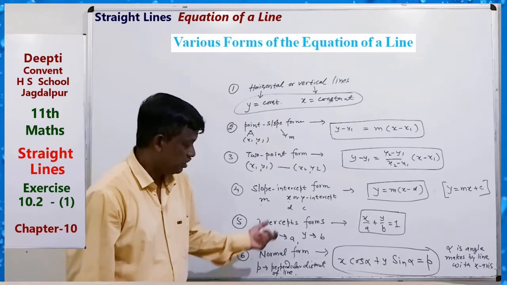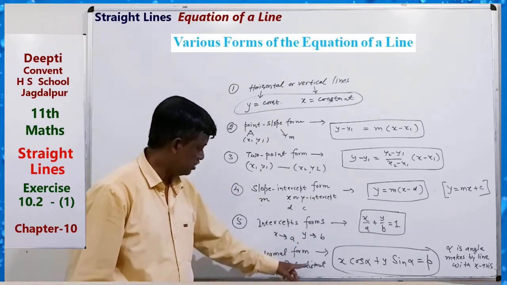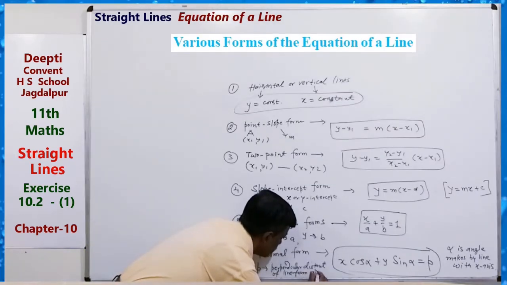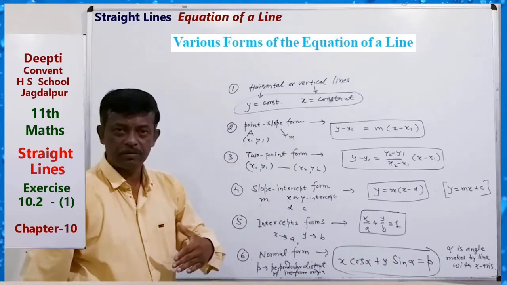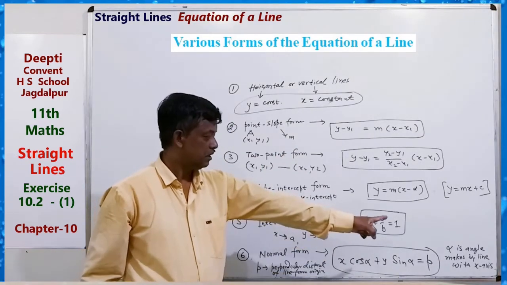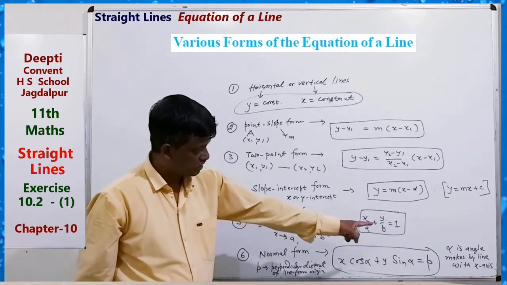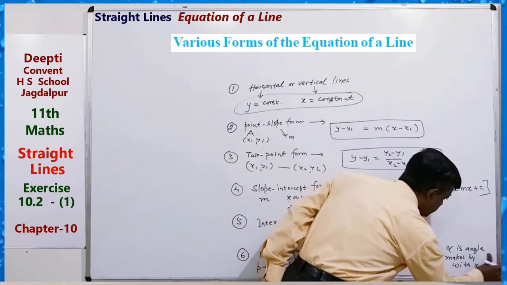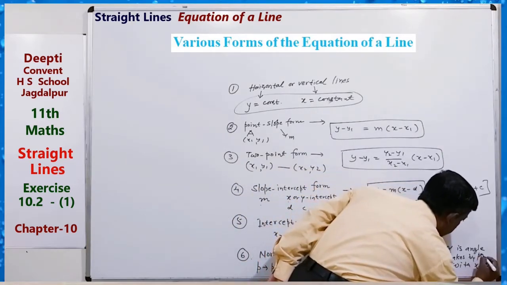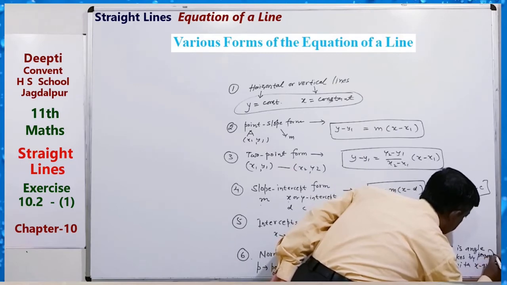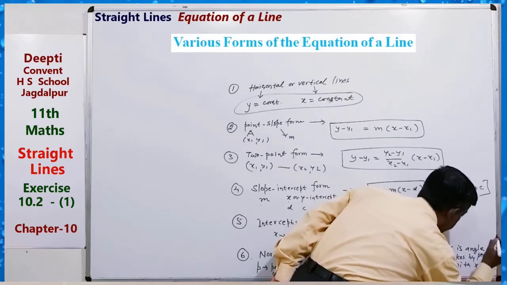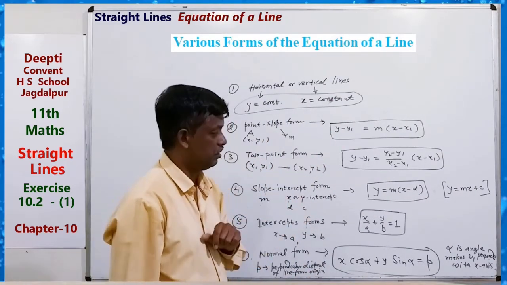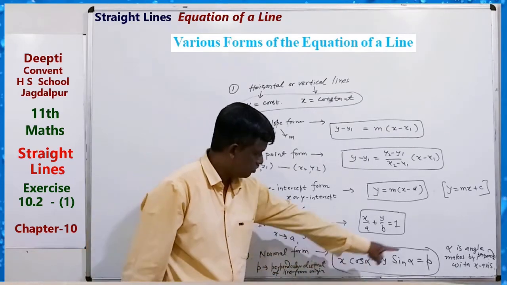Normal form: p is the perpendicular distance of the line from the origin, and this perpendicular makes angle alpha with the x-axis. Then we can write the equation like this.